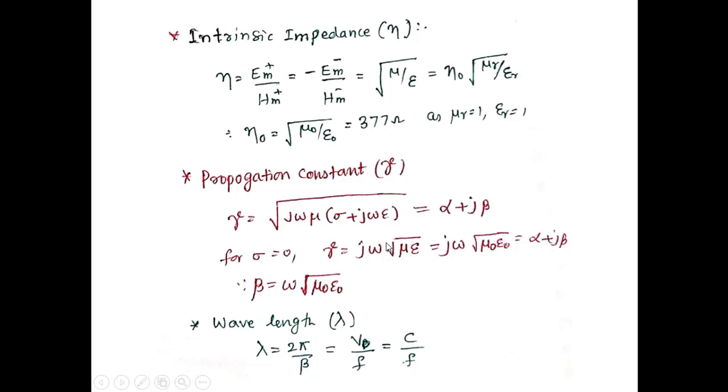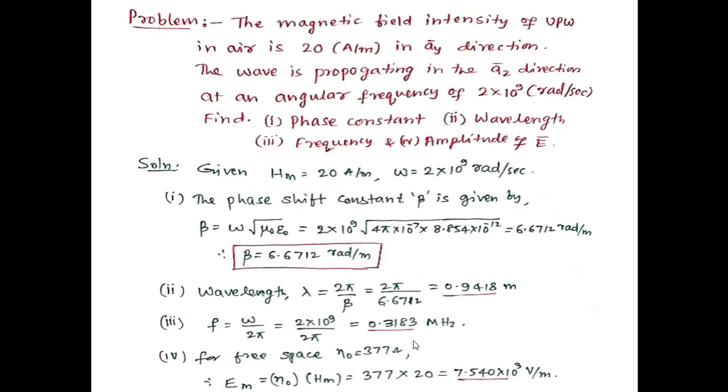Therefore, gamma becomes j omega under root of mu epsilon, and mu r is equal to 1 and epsilon r is equal to 1. Therefore, you get j omega into under root of mu naught epsilon naught is equal to alpha plus j beta. Here the attenuation term is 0. Only the phase constant term is present. Beta is equal to omega under root of mu naught epsilon naught. And the wavelength of a wave is given by 2 pi by beta, which is also equal to c by f. C is the velocity of light.